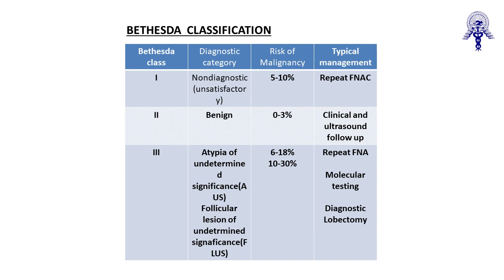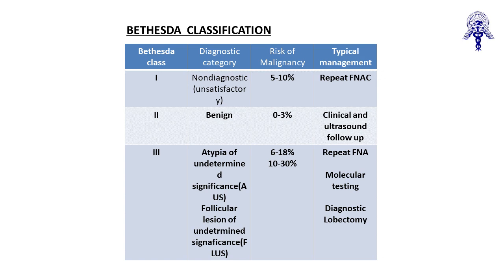There are 6 varieties described: Bethesda 1, 2, 3, 4, 5, 6, and you also have to know the typical management for each. Bethesda 1 is non-diagnostic, because nothing can be diagnosed from the material. It is a cyst or there are no cells in it, but it has been seen that these cases carry a 5 to 10% risk of malignancy. So whenever you get a Bethesda 1 report, you should go for a repeat FNAC.